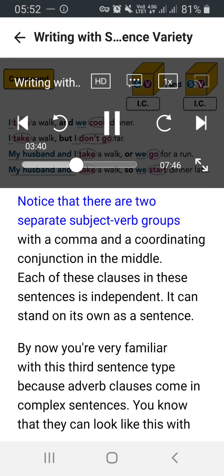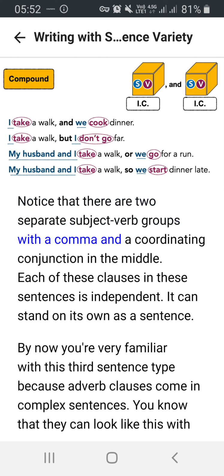Notice that there are 2 separate subject-verb groups with a comma and a coordinating conjunction in the middle. Each of these clauses in these sentences is independent. It can stand on its own as a sentence.